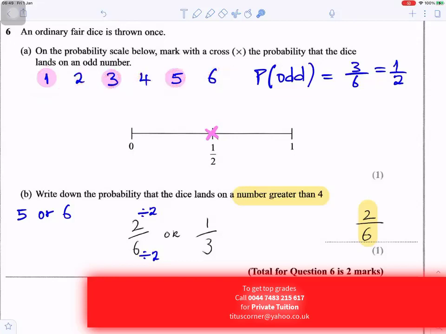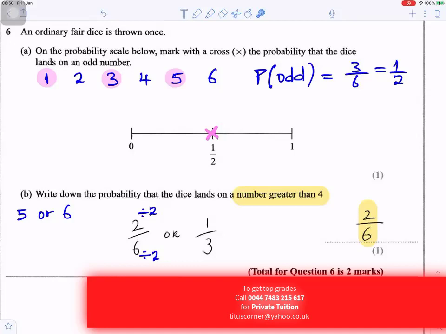For part A, we want to mark the probability that the dice lands on an odd number. There are 3 odd numbers. So the probability of an odd number is 3 divided by 6, which is a half. And half is in the middle. So that's how you work out the probability, and you mark it with an X.